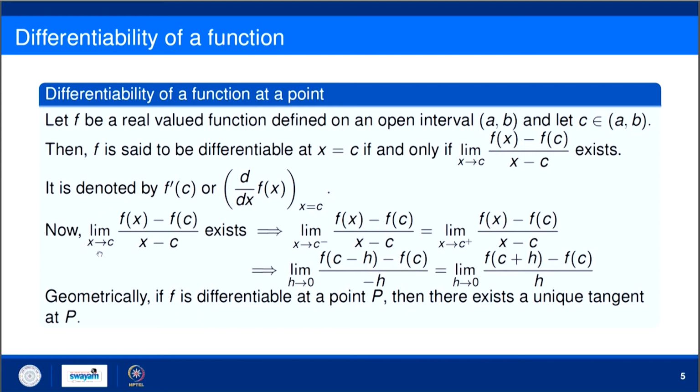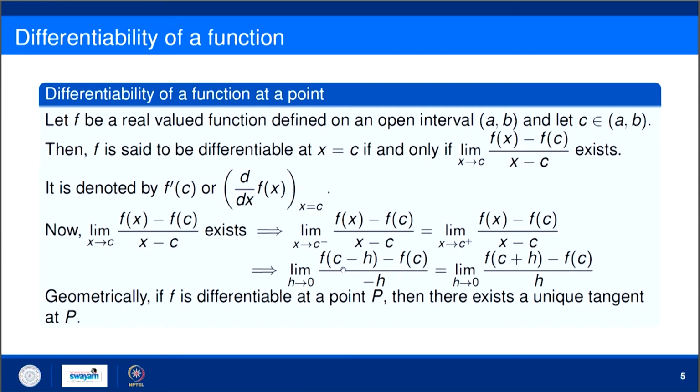Now, what do you mean by the existence of this limit? Mathematically this means that left hand limit and right hand limit exist, and you replace x by c minus h here for the left hand limit. Less than c means c minus h, greater than c means c plus h. So, you replace x by c minus h here, you will get this expression where h tends to 0, and you replace x by c plus h over here, you will get this expression.